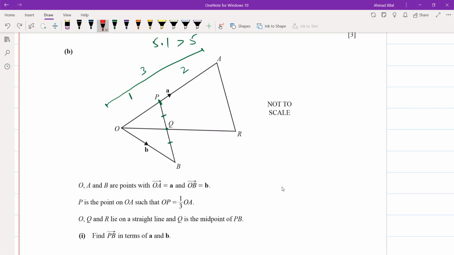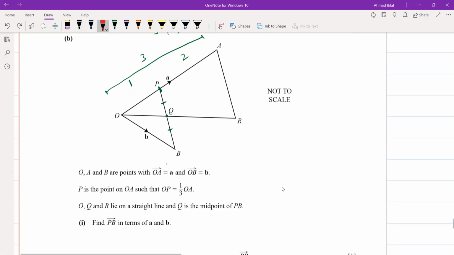अब इस तरह के क्वेश्चन पे जहाँ पे आपको डायग्राम दी हो, what you have to think about is what path you can find from the figure जिसकी आपको values पता हो. ठीक है, so हमें values क्या पता है, हमें सिर्फ OA पता है, that is equal to a, and OB is equal to b. हमें पता है कि OP is equal to 1 over 3 times OA, OA is just a, so it's actually 1 over 3 a. तो हमने OP तो यहाँ से निकाल ली.